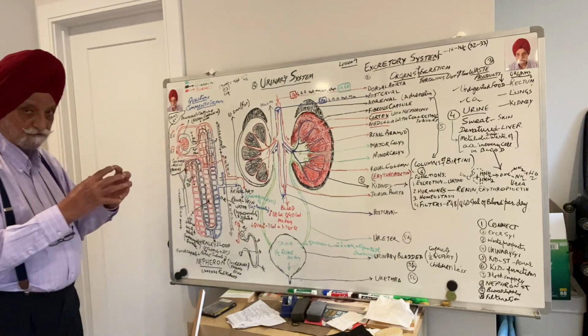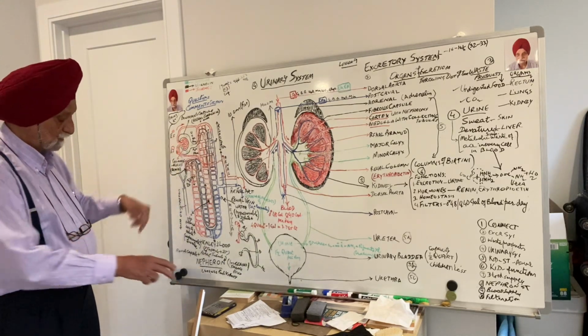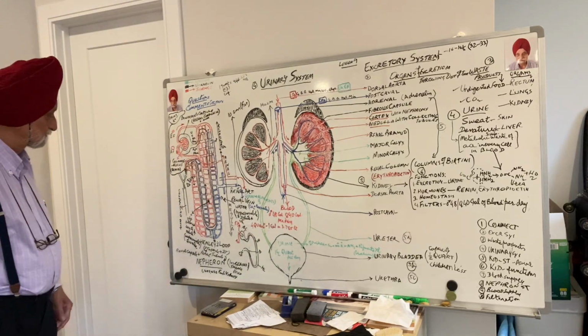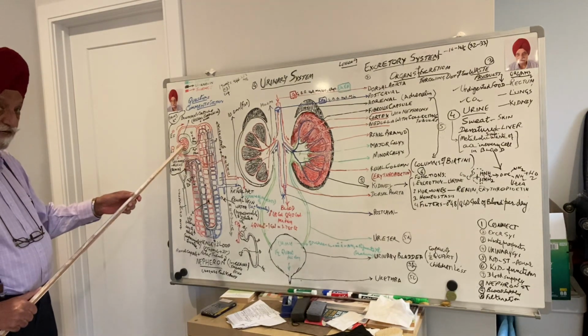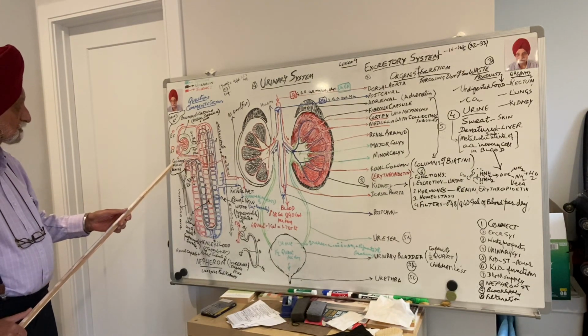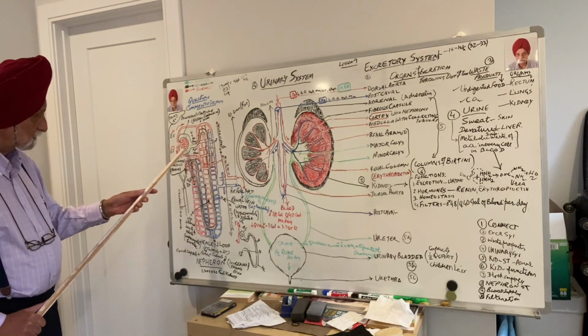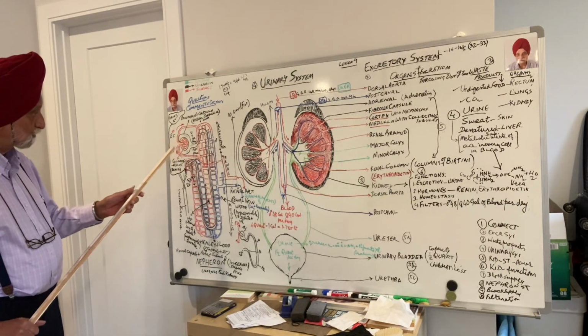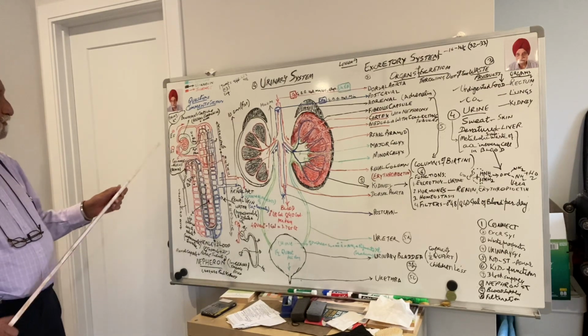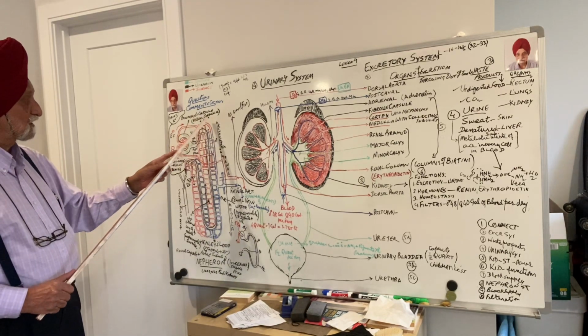And this network, which is within the Bowman's capsule, this network of blood vessels is called glomerulus. The glomerulus and the Bowman's capsule together constitute what is called renal capsule.